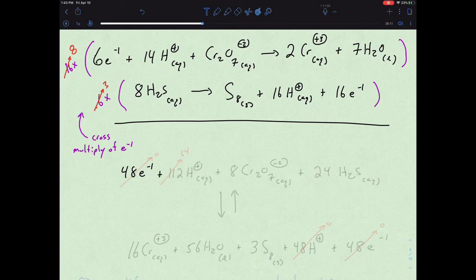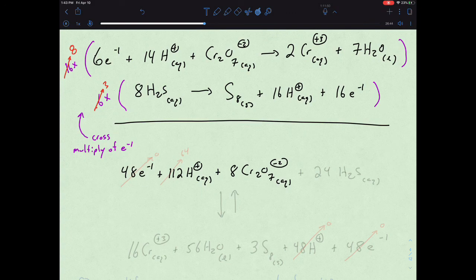We take the 8 times 16, we get 112 protons. Told you it was going to be complicated. We take the 8 times our dichromate, so we have 8 of those dichromates in that -2 charged state. Those are all the starting materials for the half reaction for reduction, the top one.